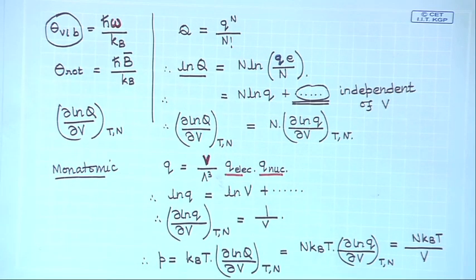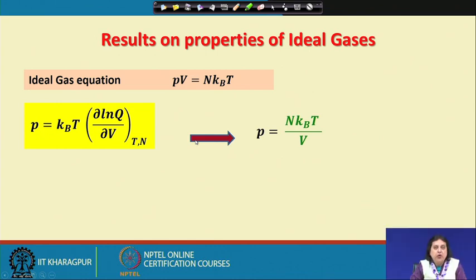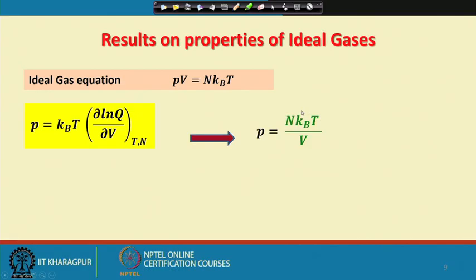So, we have been able to show that if I use this definition of P, it is straightforward to find that the major contribution to pressure comes from the translational part, because in Q trans you had a direct dependence on V, and that is what gives you this kind of a term, which is nothing but the ideal gas equation.